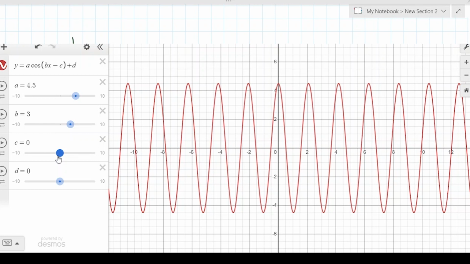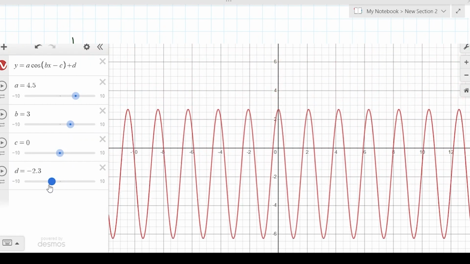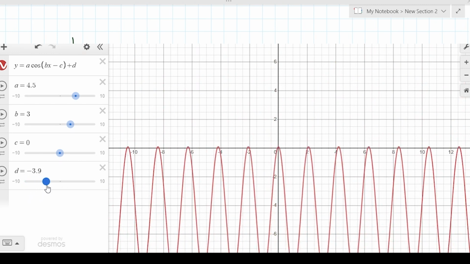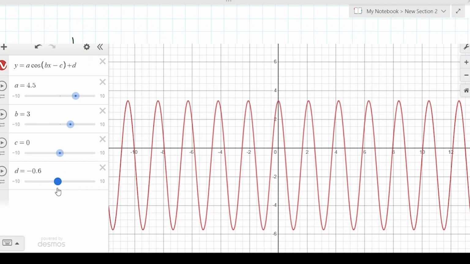Now the value of C, we have seen that it slides the graph horizontally, horizontal translation, and the value of D is vertical translation. You can see that as I change the value of D, it moves upwards or downwards.